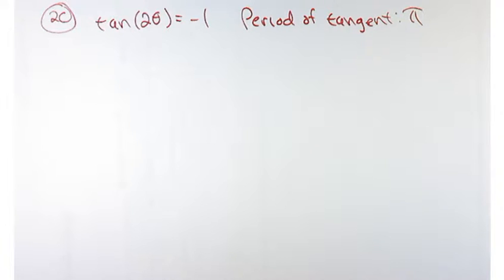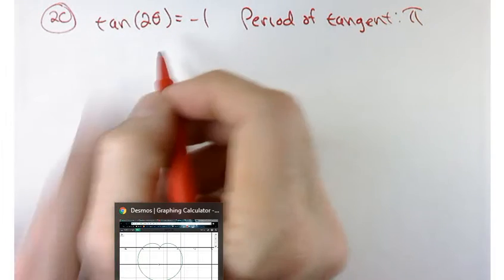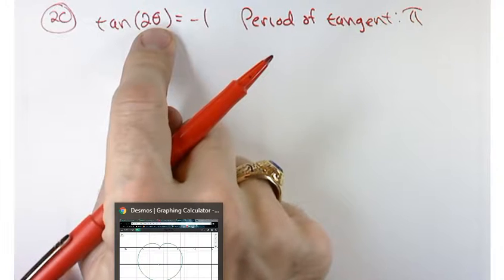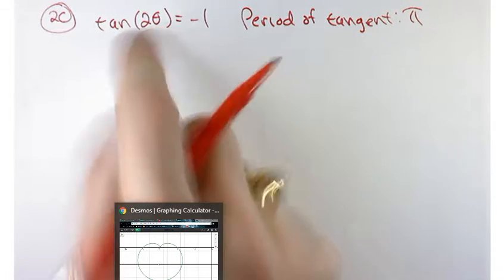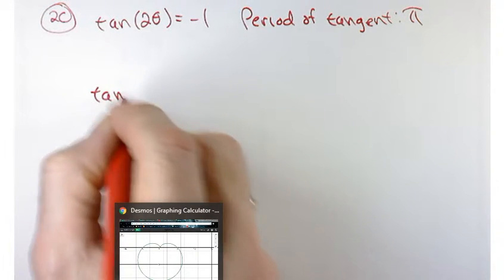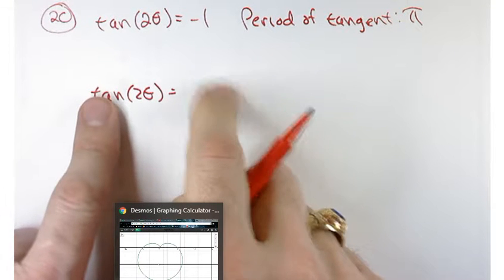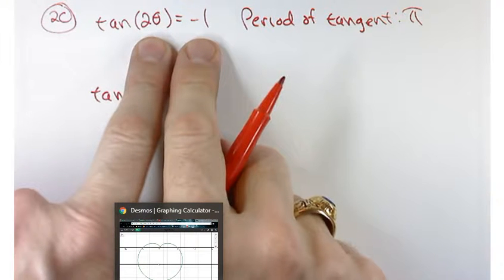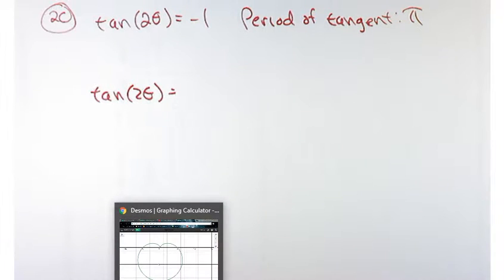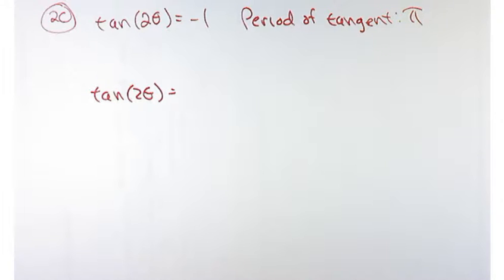Okay. So, just like the last one, we want to get theta by itself. So I've got the tangent of 2 theta equals -1. How am I going to get, or at least start to get, this theta by itself? What function can I apply to both sides to start undoing things? Inverse, good.